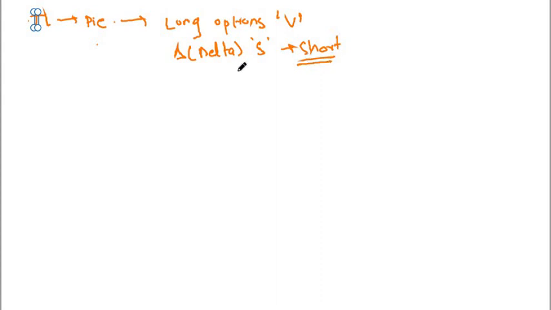That means you hold a short position on the stocks and a long position on the options. So your pi is equal to V minus delta S. This is your portfolio.